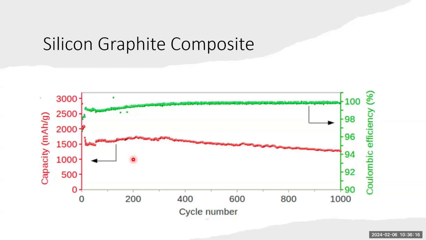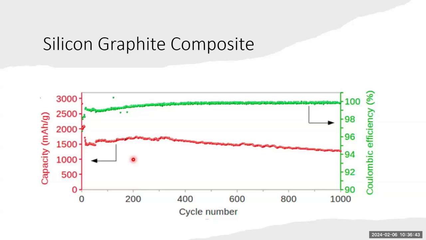I have researched this, and I am actually working in a lithium and battery laboratory. We have also seen that if you mix a very small portion of silicon with the graphite, you get a very good capacity. And it is a very good thing that silicon is also available, graphite is also available in the environment.